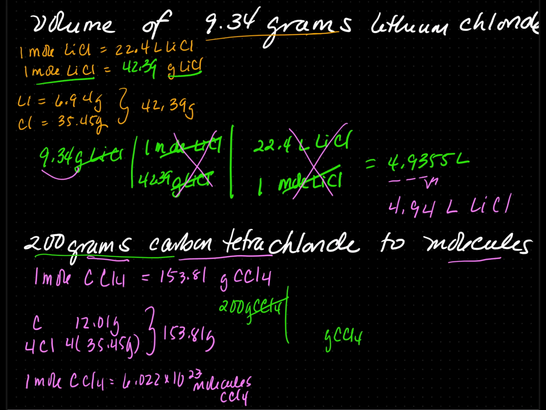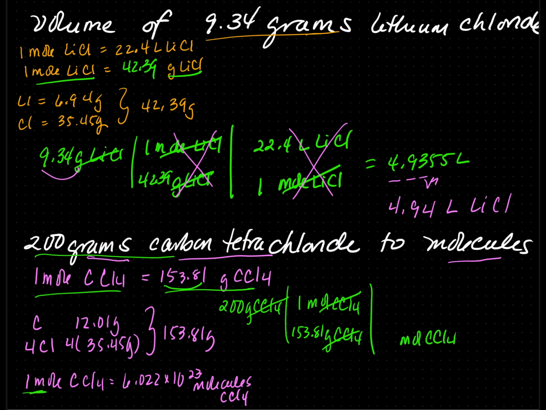The number in front of grams is 153.81. This is equal to 1 mole of CCl4. Units cancel out. If we stop here, we are at moles, so we need to go again. Moles of CCl4.